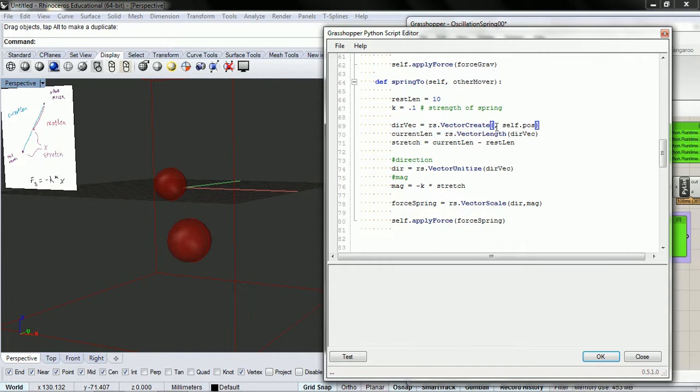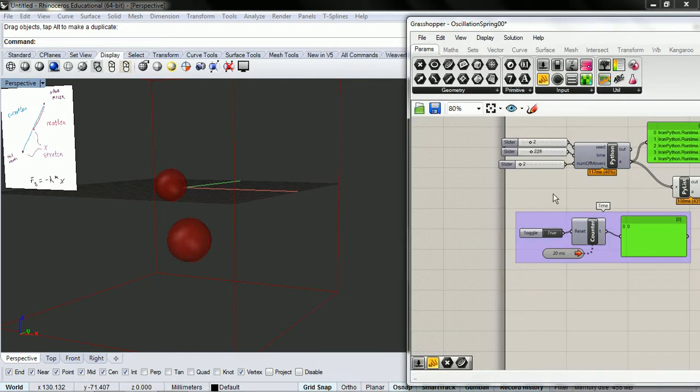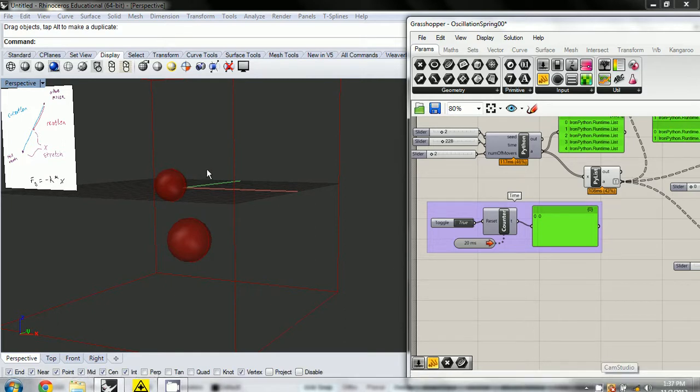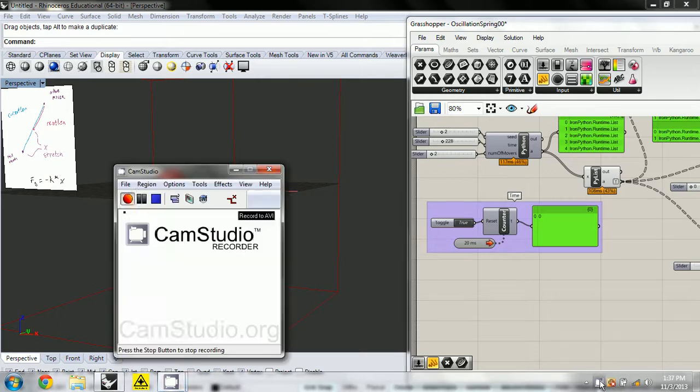So vector create self position, and then other mover position. Okay, so now instead of acting by gravity, these are acting according to the definition of a spring. I'm going to come back to this in a second, so I'll just quit here.